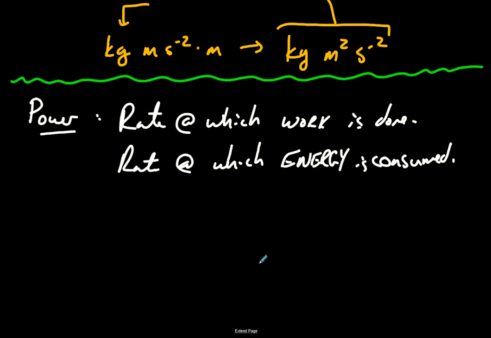Okay, so basically you can just do this. P is equal to work divided by time. All right. And so units wise, we get joules over seconds, which gives us the unit joules per second.